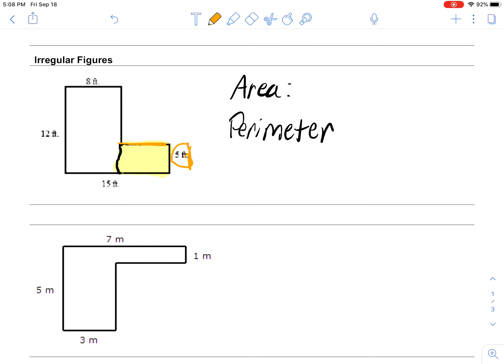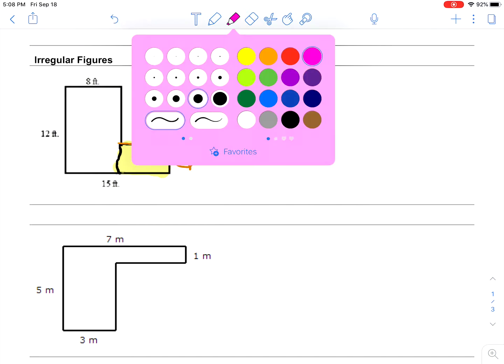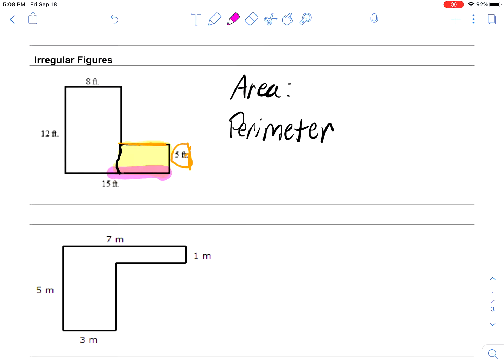To figure that out, I know that this side here is 15 feet, and this side is 8 feet. That means this orange side has to be the difference between 15 and 8. So that's 15 minus 8, which is 7 feet for that side right there.